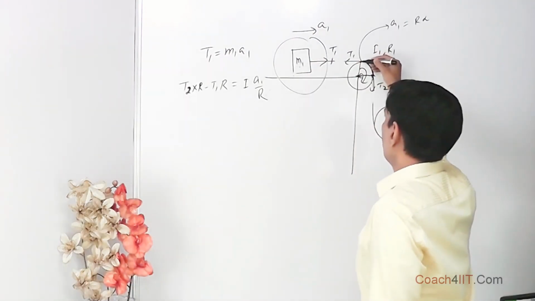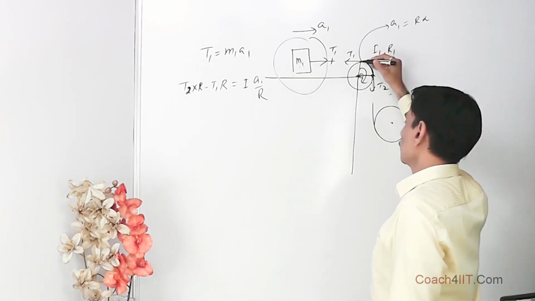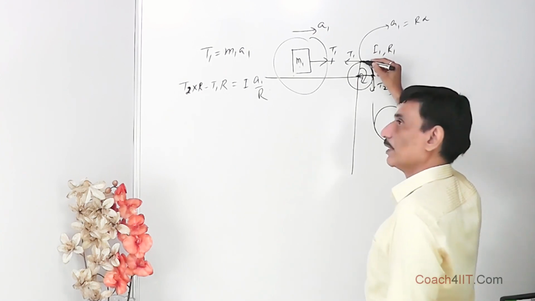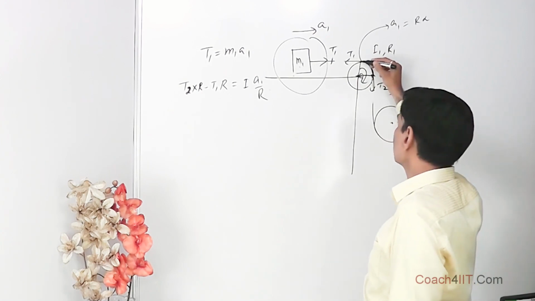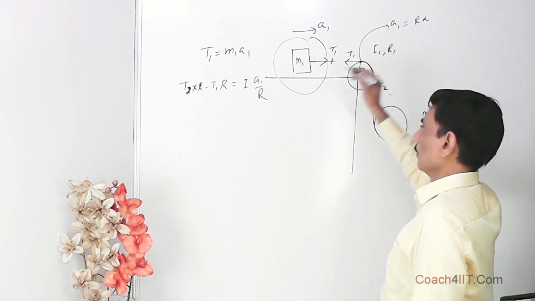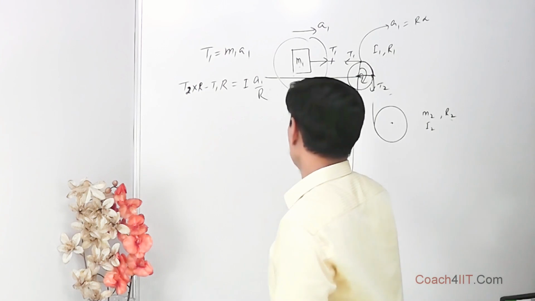So this point on the string, which is also on the periphery of the pulley, has tangential acceleration A1, so A1 equals R alpha. Instead of alpha, we have it written over here.